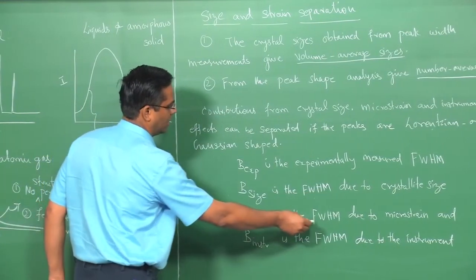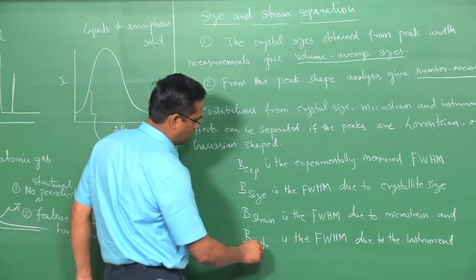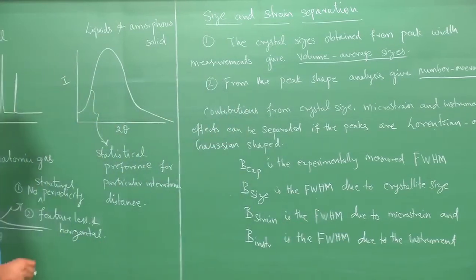B strain is the FWHM due to microstrain, and B instrument is the FWHM due to the instrument effect.